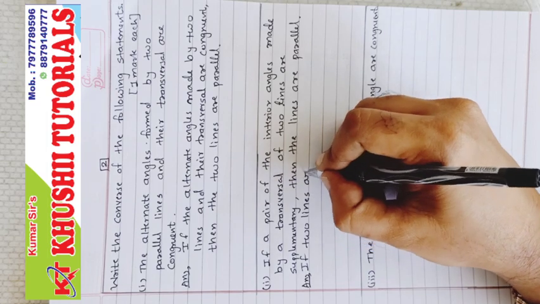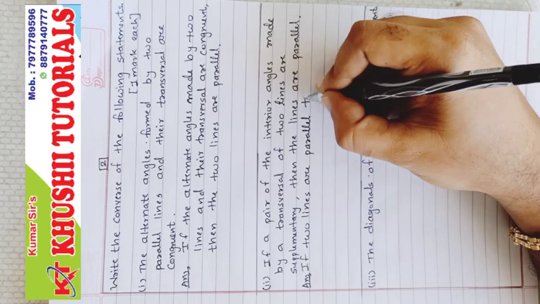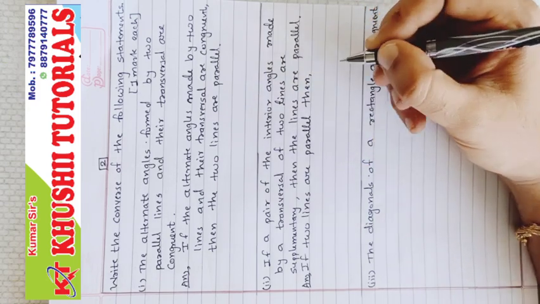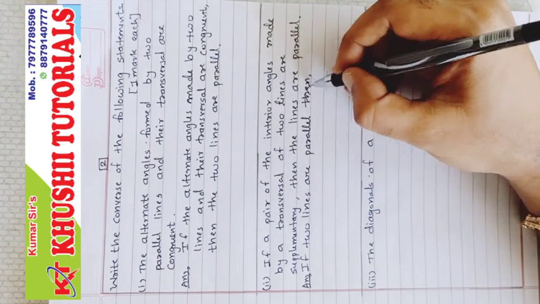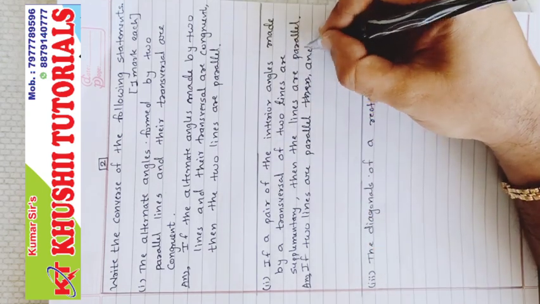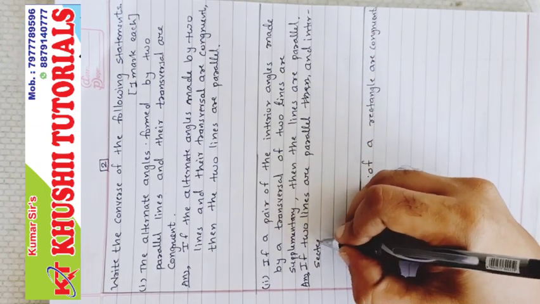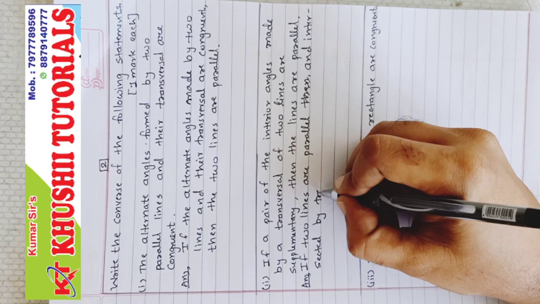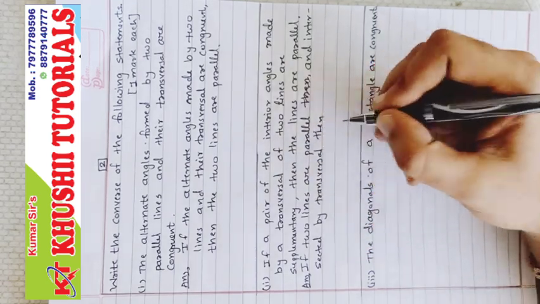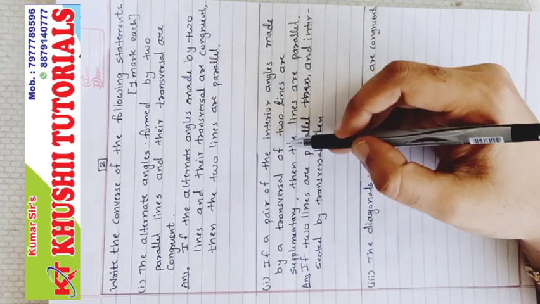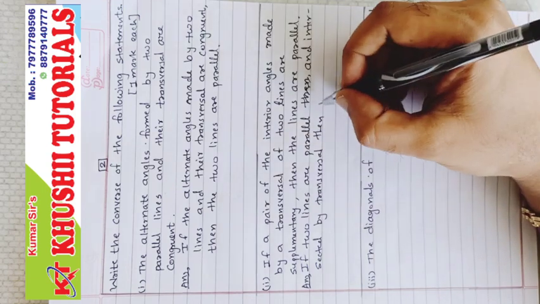Answer: if two lines are parallel, and our transversal is also there, so if two lines are parallel and intersected by a transversal, then the pair of interior angles are supplementary.